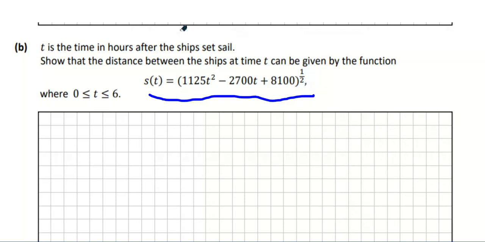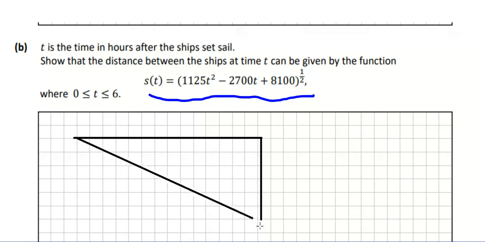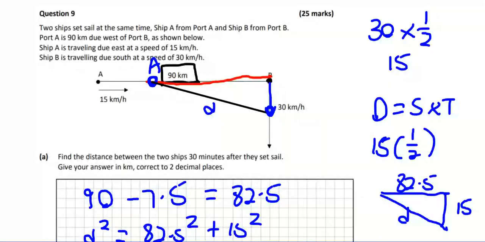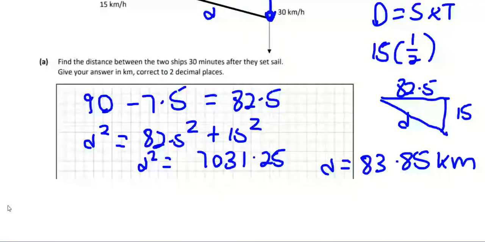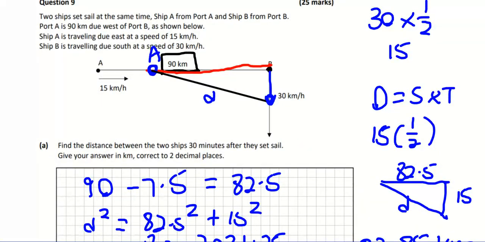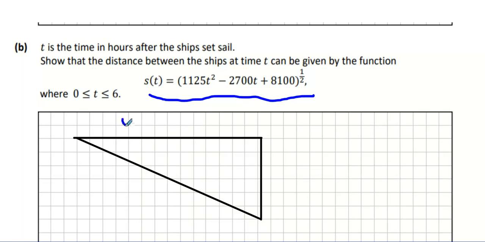Now, we're going to redraw that diagram from the first one. Okay, now here's what I'm looking at. It was 80 kilometers. Okay, sorry, it was 90 kilometers, wasn't it? So it got closer because it's now only a distance of 83.85. So it was 90 kilometers.